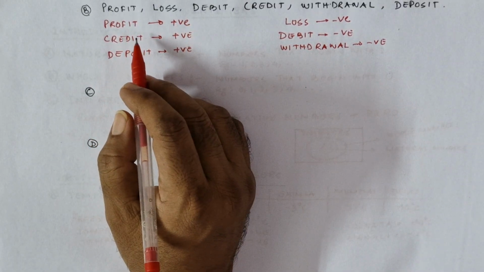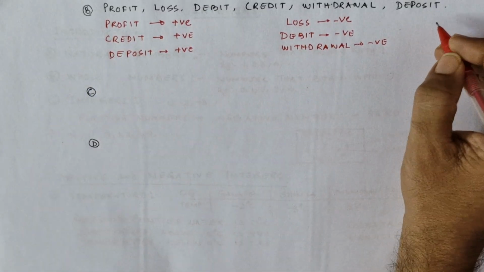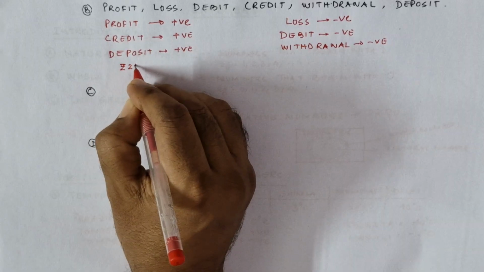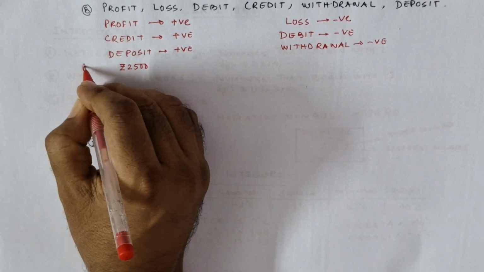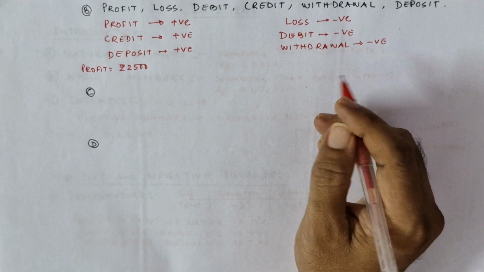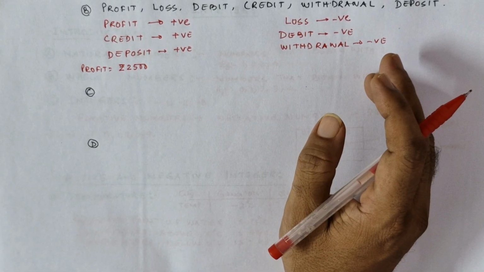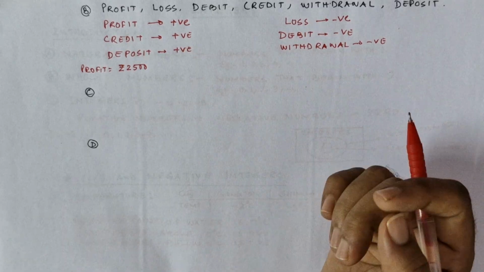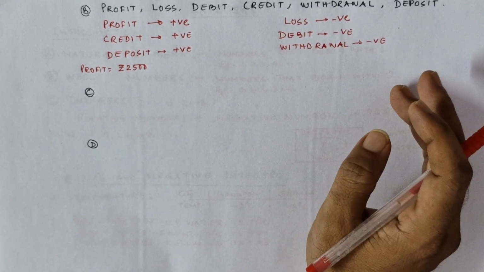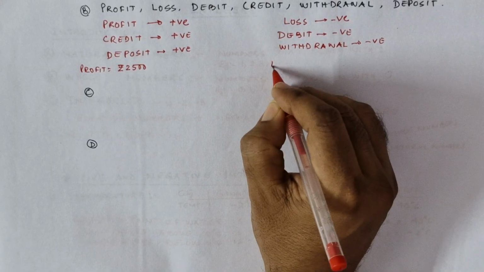Let's say you get a question to represent that somebody has earned a profit of rupees 2500. How will you represent it? Profit is equal to 2500. If somebody asks you to represent a scenario where a person has incurred a loss of rupees 3500, how would you represent it?